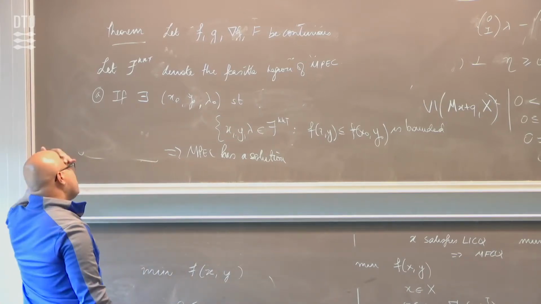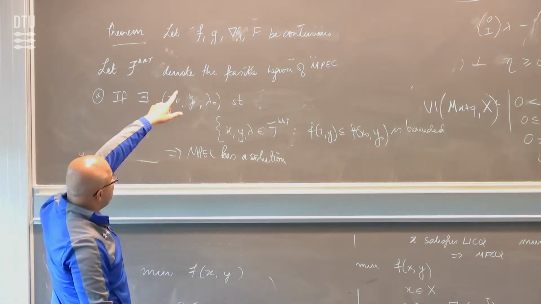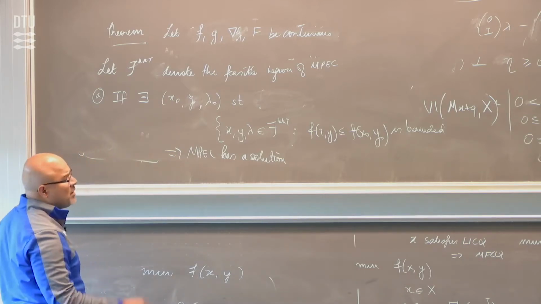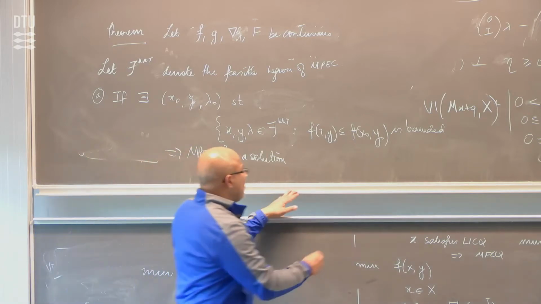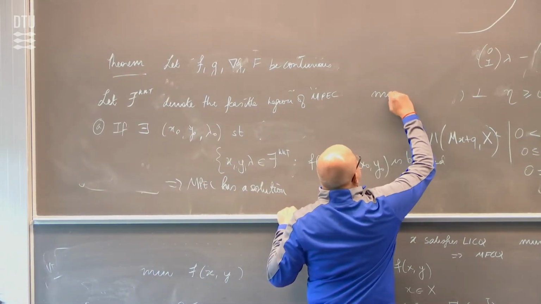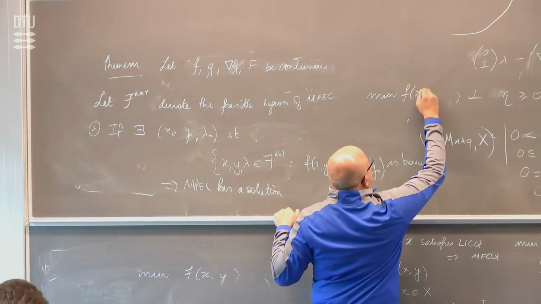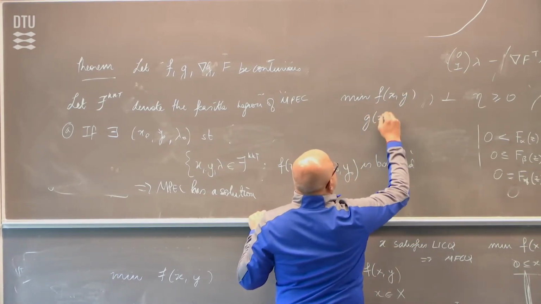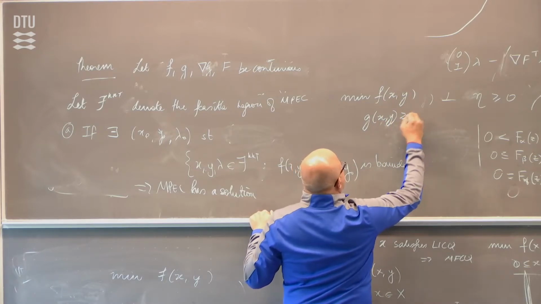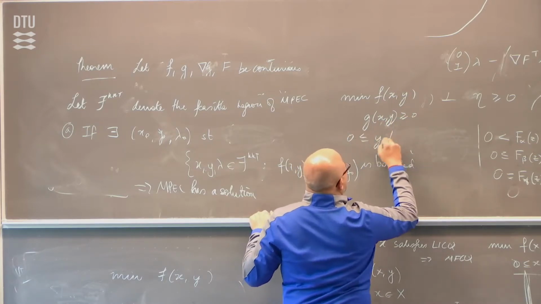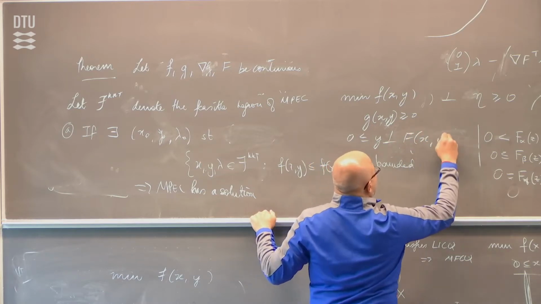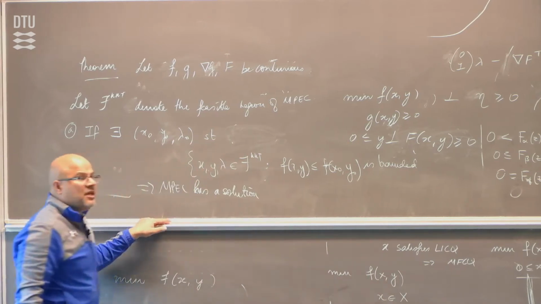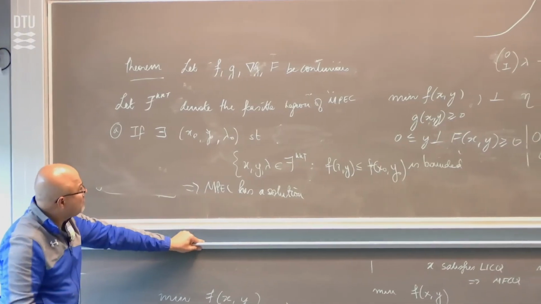So basically, this is the MPEC, this is the objective function, g is the constraint, gradient of g is the gradient of the constraint, and capital F is the mapping. Remember the problem? This is the problem: g of x, y is greater than 0, and then you have y complementary to F of x, y. And F_KKT is the other KKT conditions that come from this, right?